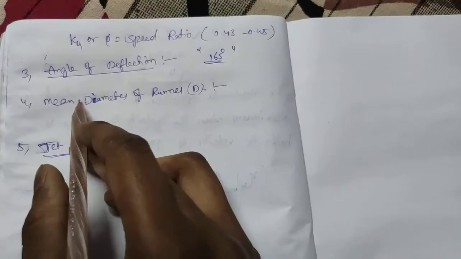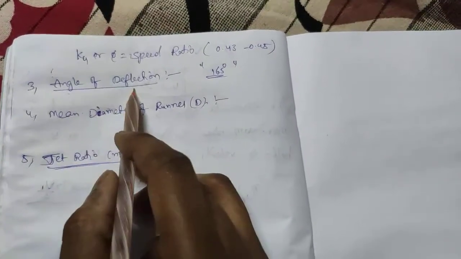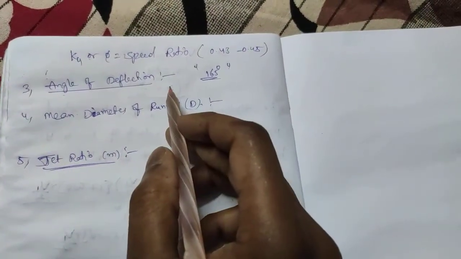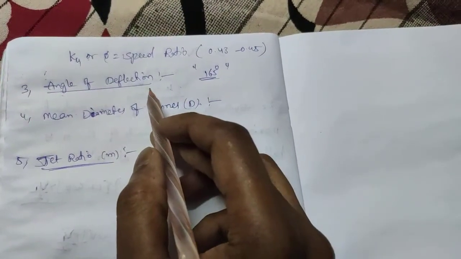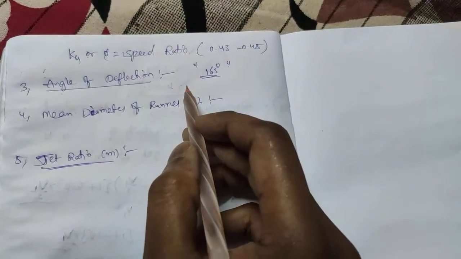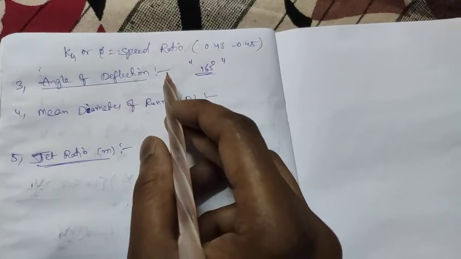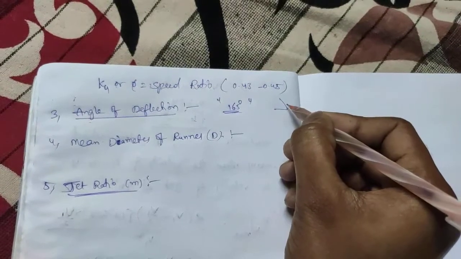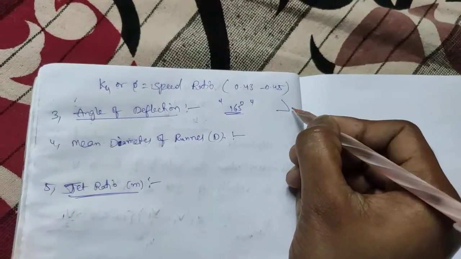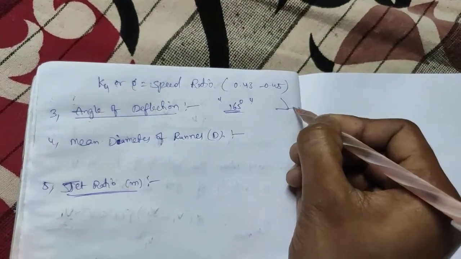Another important parameter is angle of deflection. When the jet of water strikes the bucket, it will be deflected. This deflection is measured from the parallel axis x.